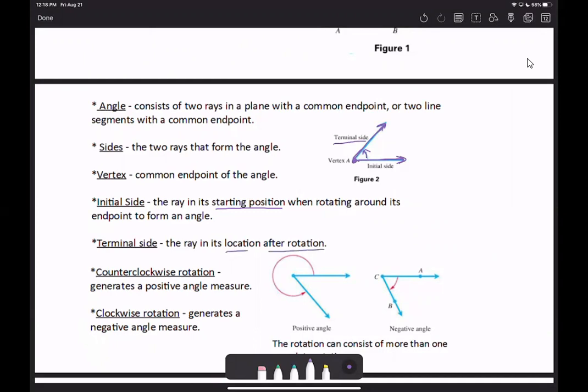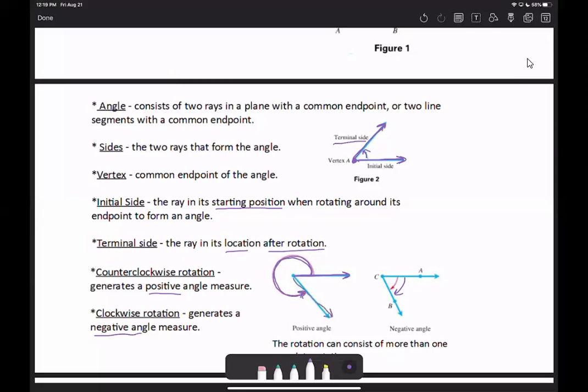We can have two rotations. A counterclockwise rotation gives positive angles, and a clockwise rotation gives negative angles. It's important to note here that the initial side is this ray, and it's rotating counterclockwise to the terminal side.